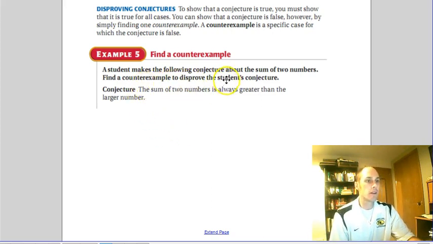So a student makes the following conjecture about the sum of two numbers. Okay, find a counterexample to disprove his conjecture. He says the sum of two numbers is always greater than the larger number. Okay, so for instance, if I take the numbers 4 and 17, 4 plus 17 is equal to 21.